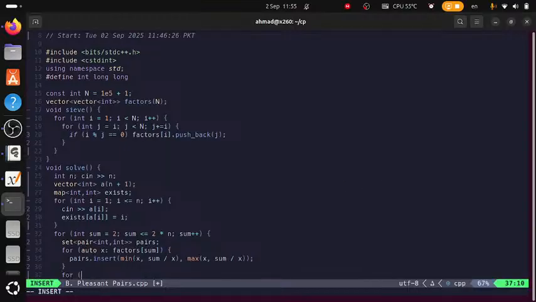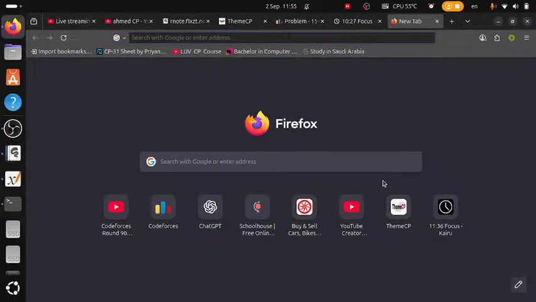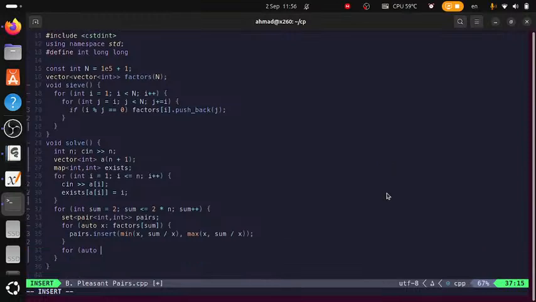And when we iterate through that for auto p in, give me a second. There's someone outside.